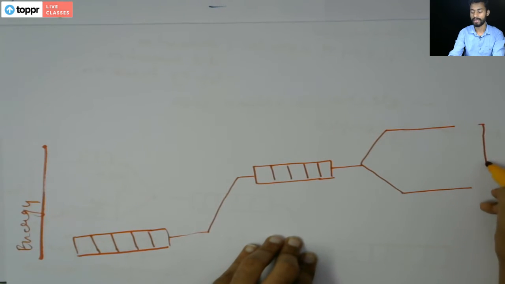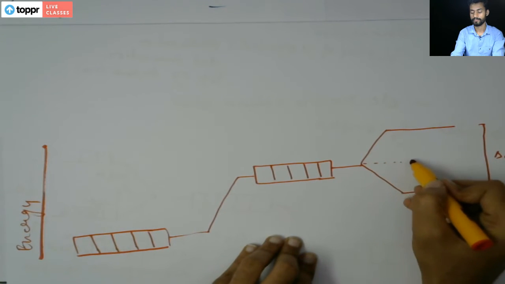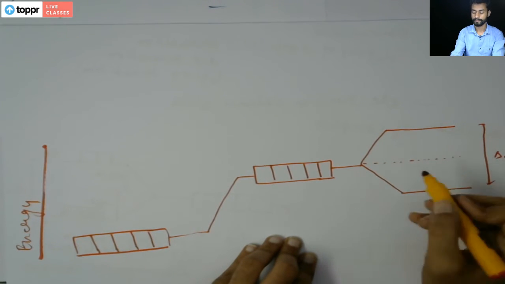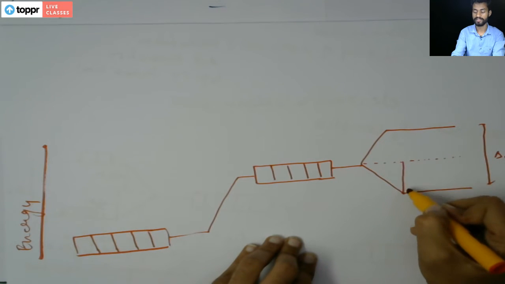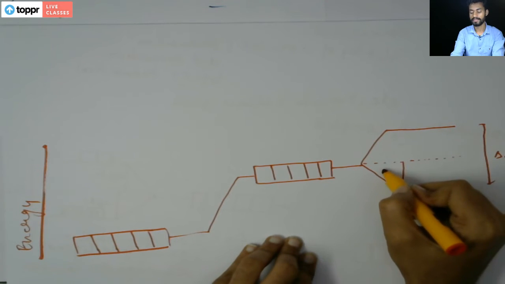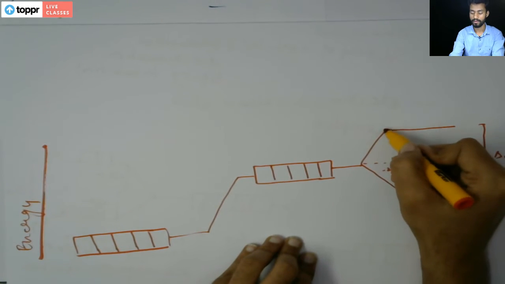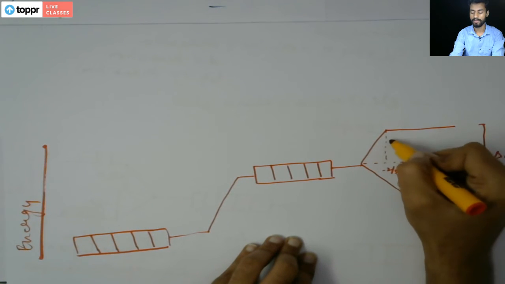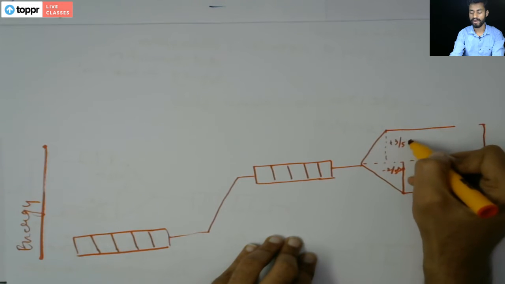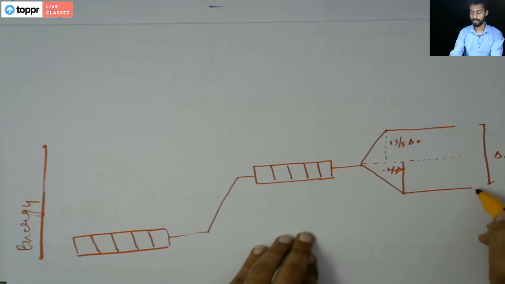This is again delta O. The energy difference will be minus 2 by 5 delta O, and here the energy difference will be plus 3 by 5 delta O.